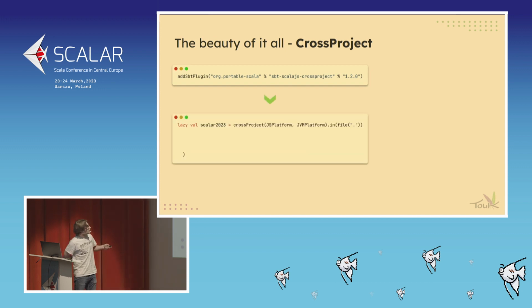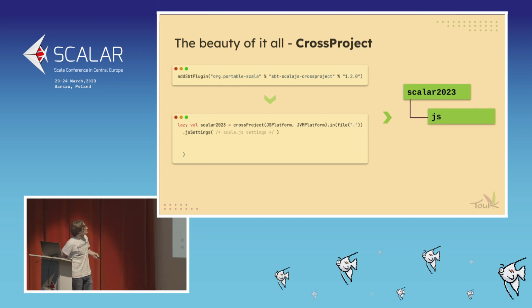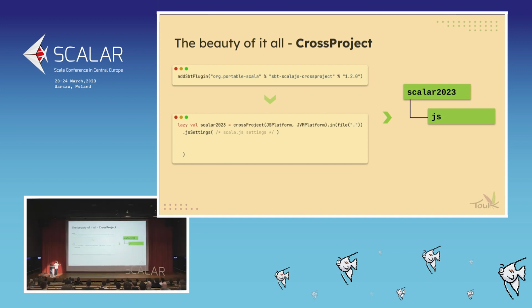Because with that, let's say that we have our Scala 2023 project right there. We define that we want to cross-compile it to JS platform, to JVM platform, and, well, not cross-compile the whole code, but we are going to have different folders for that. So we have a JS folder, which is going to be created automatically, and settings for that module.